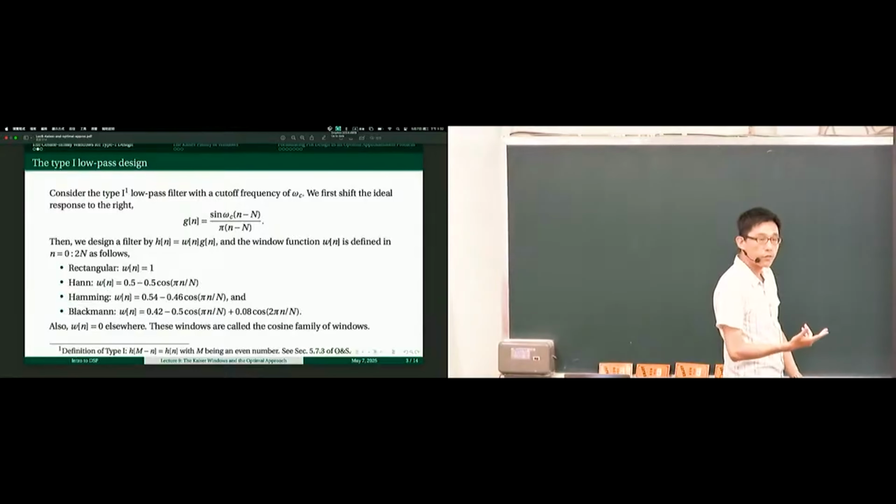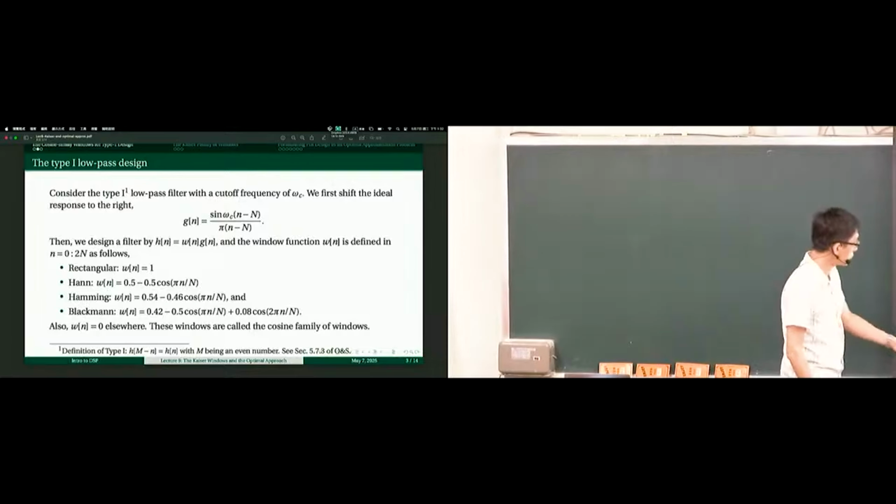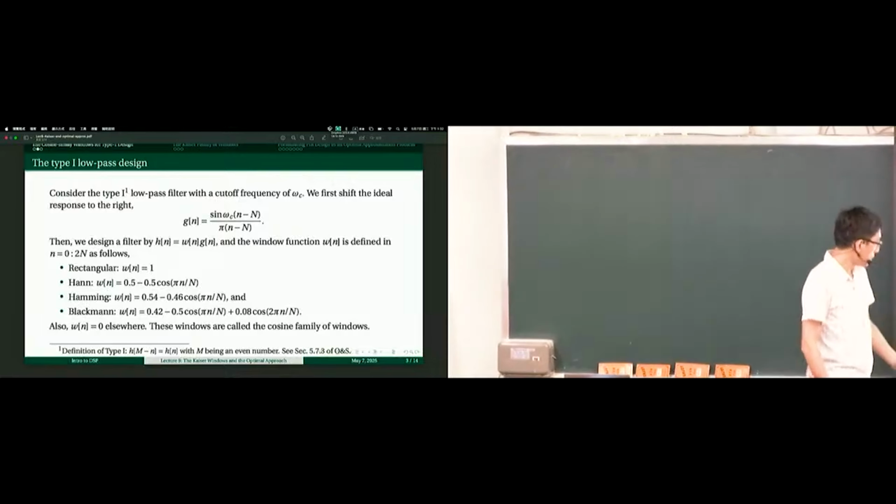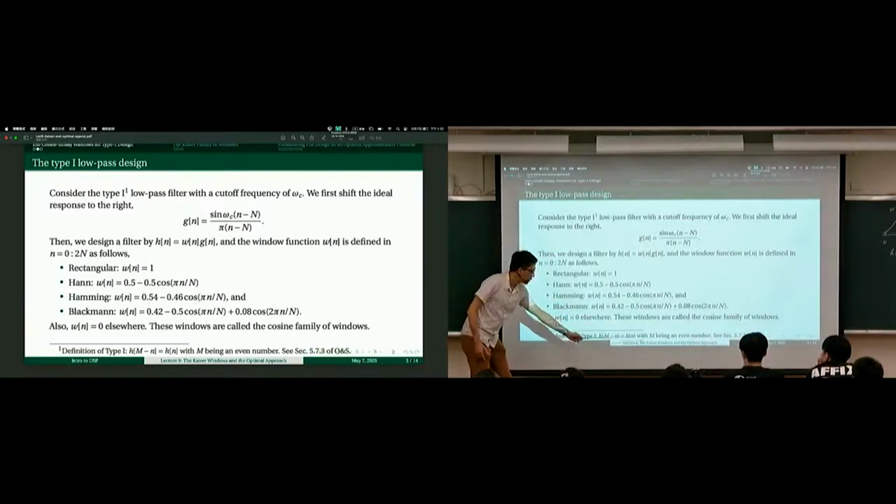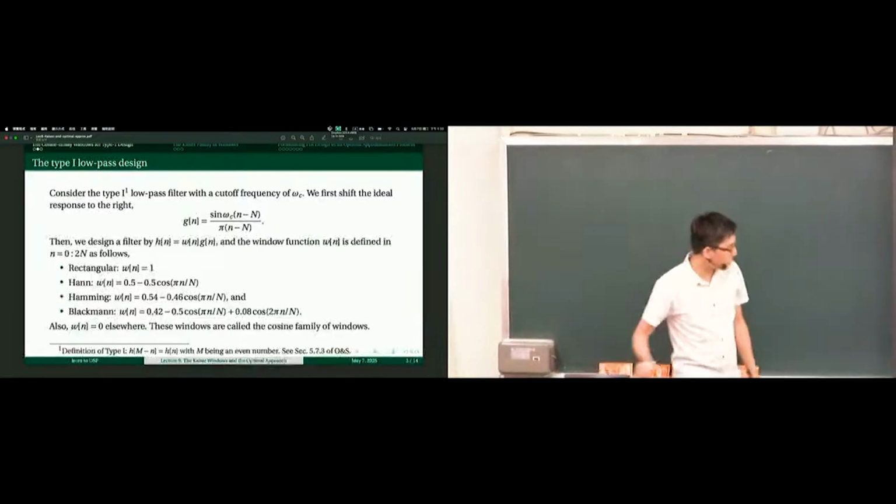When we say an FIR, or more generally, let's say an FIR filter, which has an impulse response h, when you can find an even number M so that your h becomes an even function around time M divided by 2, then we call your filter a Type 1 filter.